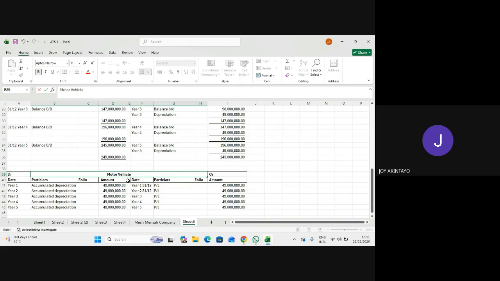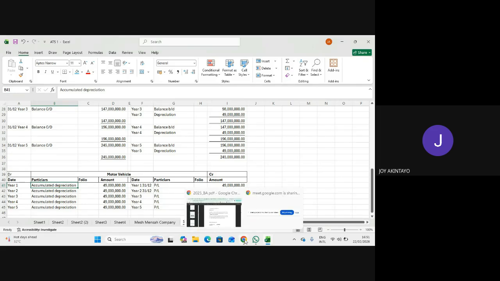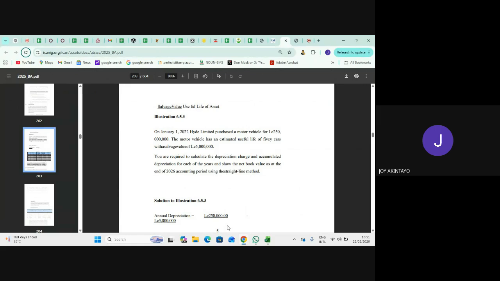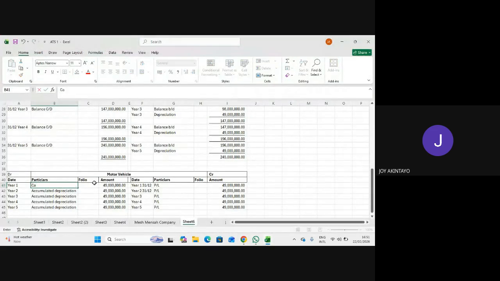So our motor vehicle, then you don't need to stress yourself about how they will tell you the method of purchasing it. Whether the motor vehicle is gotten by paying by cheque, or we actually pay cash, you don't need to bother yourself. Just write cash or bank. Are we together? Cash slash bank.